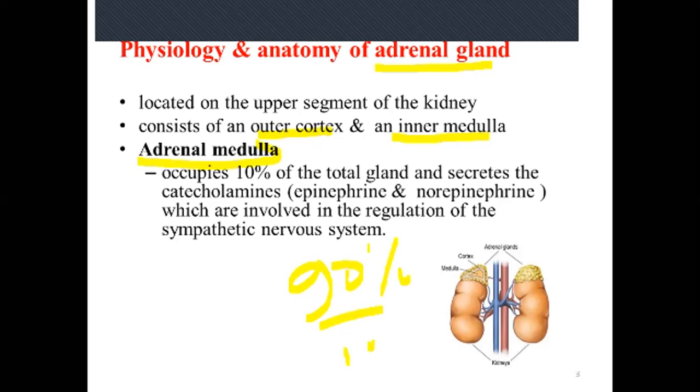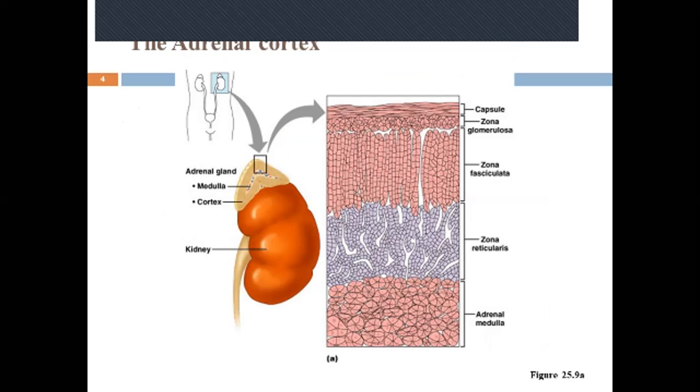But remember, the medulla is very important for production of catecholamines, which are important hormones to regulate blood pressure, even to get energy during the fight-or-flight response. They can even be administered exogenously when a patient is having cardiogenic shock. Those are the things you need to know about the physiology of the gland.